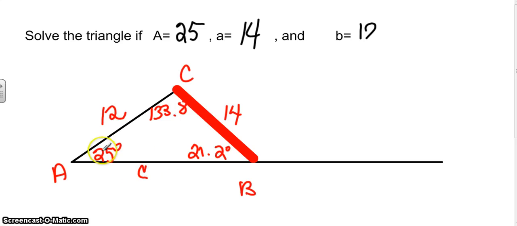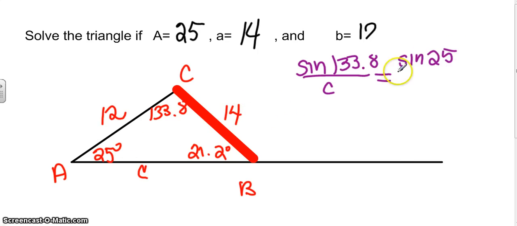I can use a law of sines because I do have an angle on the side opposite. So I want sine 133.8 divided by c is equal to, and I'm going to use these measurements because I was given these, sine 25 over 14. And then solving for c, I get about 23.9. So I have the triangle solved.